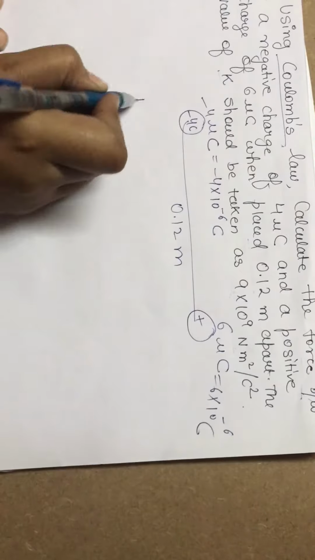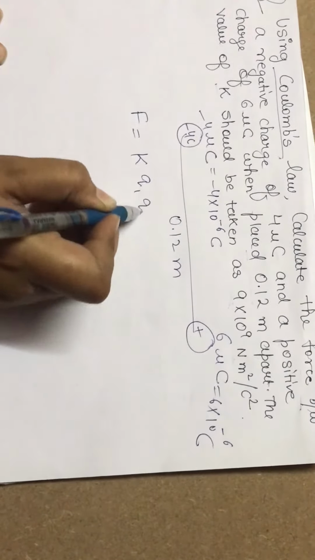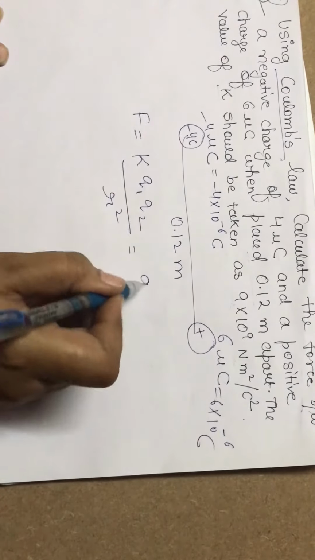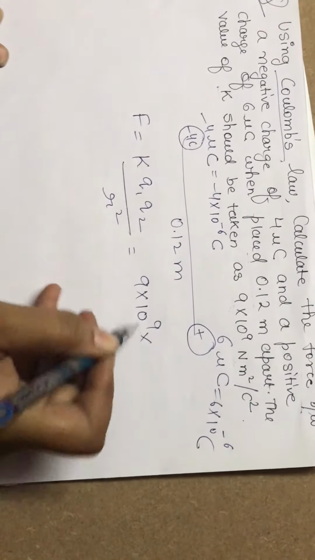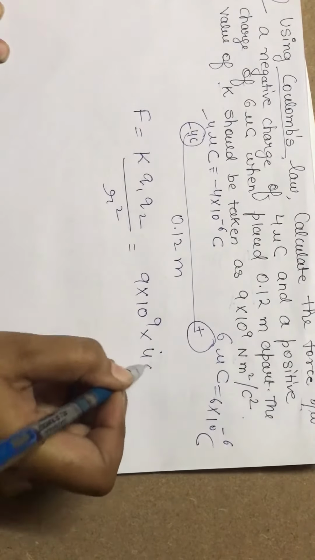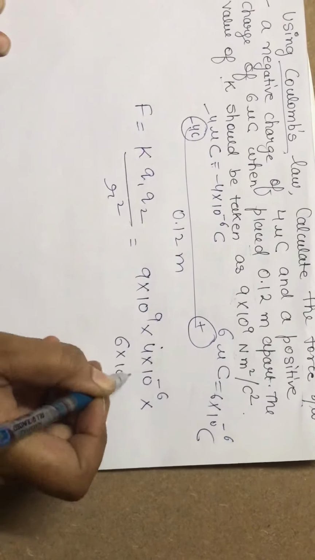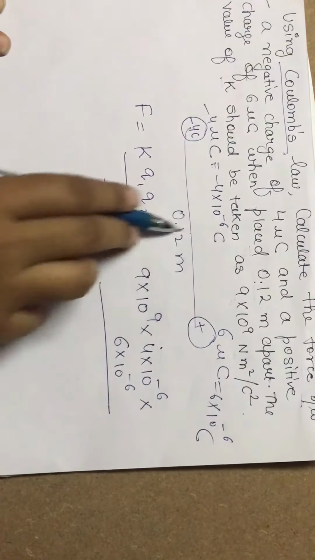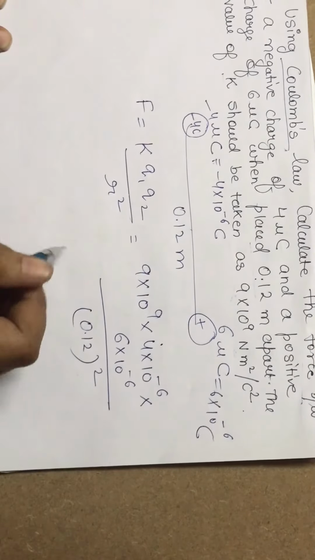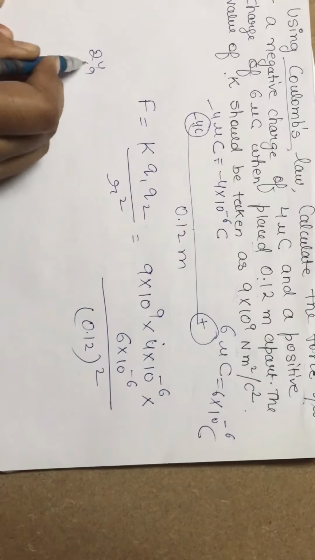Now apply Coulomb's law, which is k q1 q2 by r square. k is given, q1 is 4 into 10 to the power minus 6, q2 is 6 into 10 to the power minus 6, and the distance r is 0.12 whole square. If we sort it out, 6 4s are 24, 24 into 9.